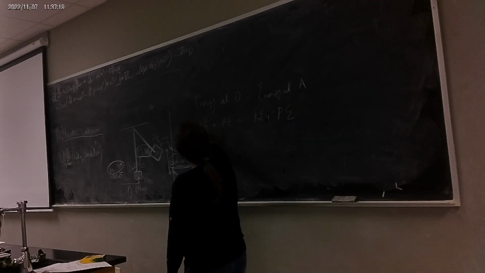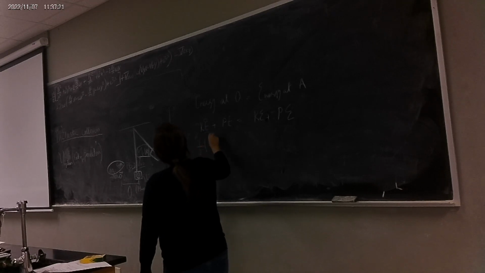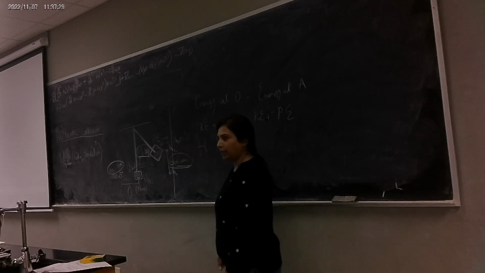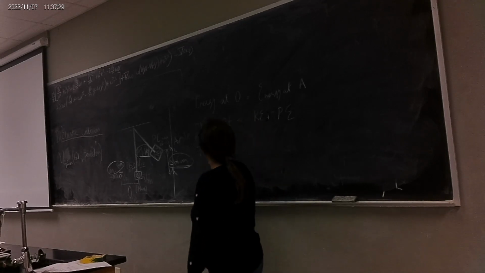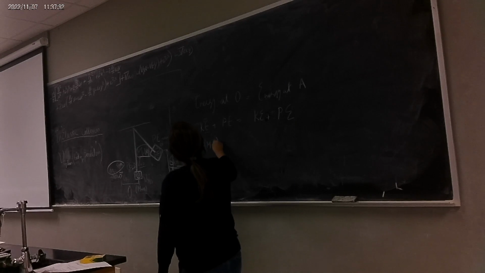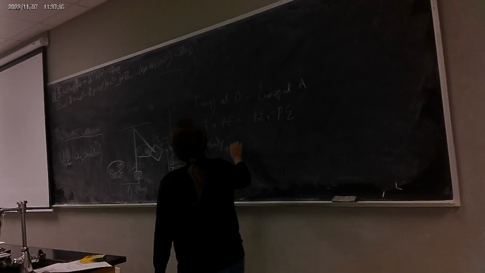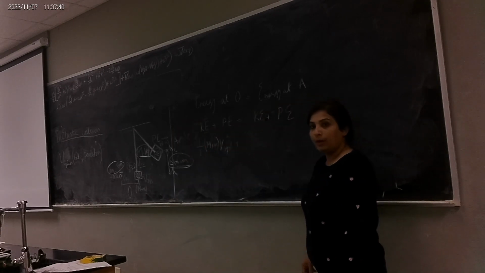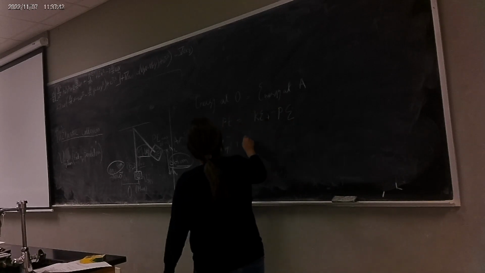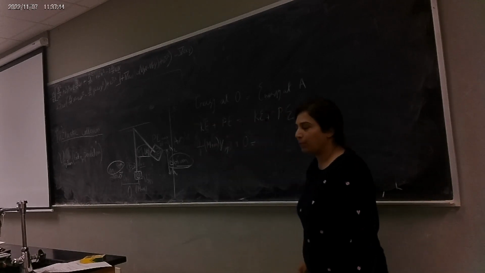Now kinetic energy is at the center. What mass should I use at the center? Little m, big M, both. Both. So one half (m plus M) V system squared, plus, what about PE? 0, because the height is 0, no change in position.